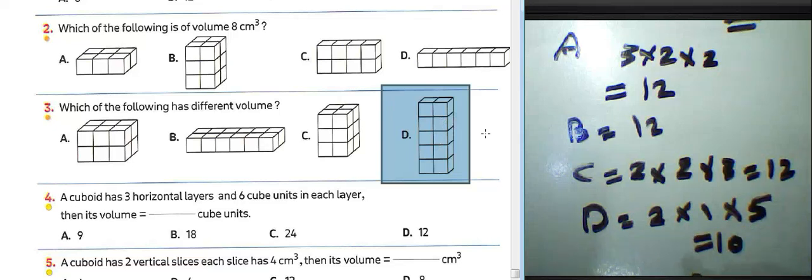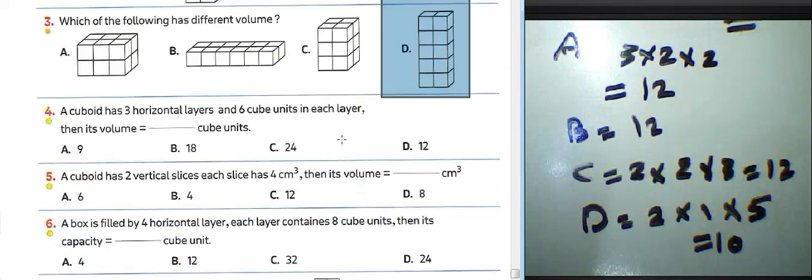So the result will be 10. You must choose letter D. It's different. He asked about different volume. The result will be letter D. But letter A and B and C's volume is 12 cubic centimeters.